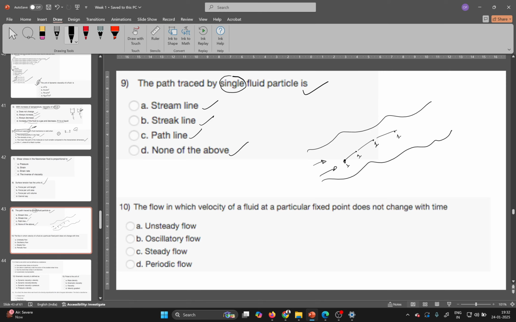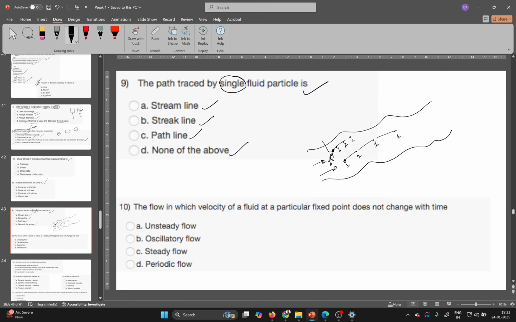What is a streak line? A streak line is, from a particular location, whichever fluid particles pass through it, 1 passing, 2 passing, let us suppose number 3 particle passing, and how they move. Here let's suppose 3, here 2, here 1.